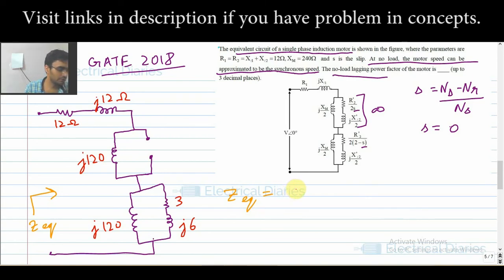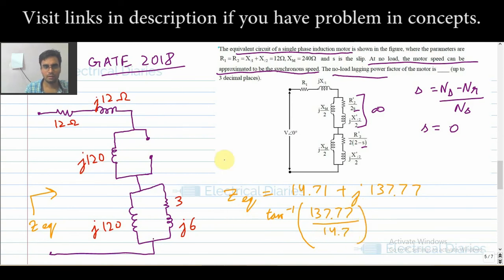So the Z equivalent will come out to be 14.71 plus J137.77. Okay, something. Now the power factor angle can be found out by using this 137.77 by 14.7 and the cos of this.